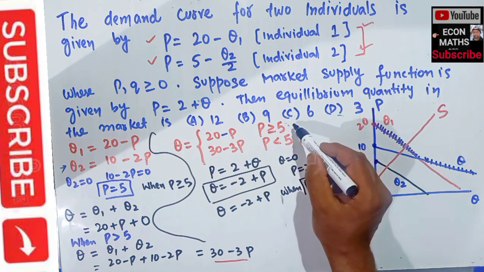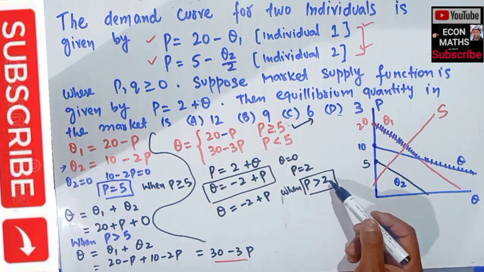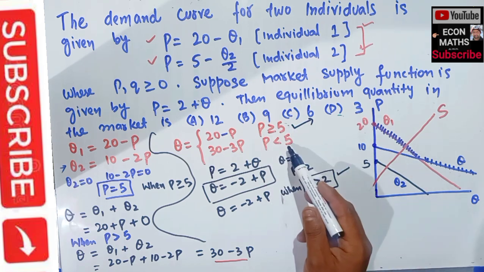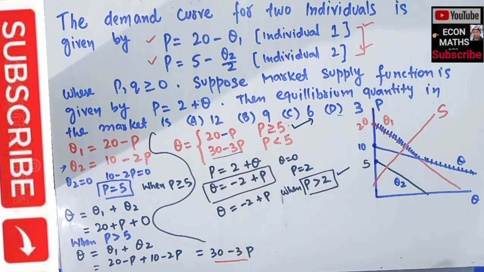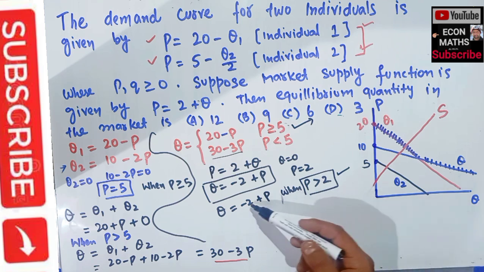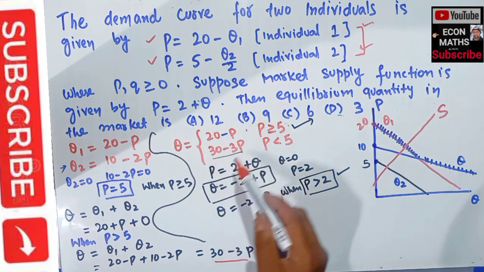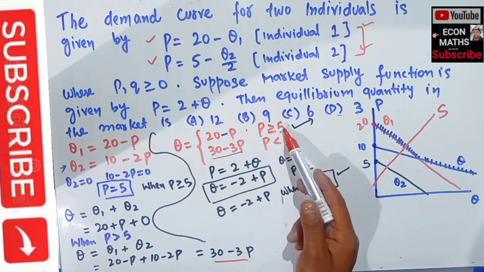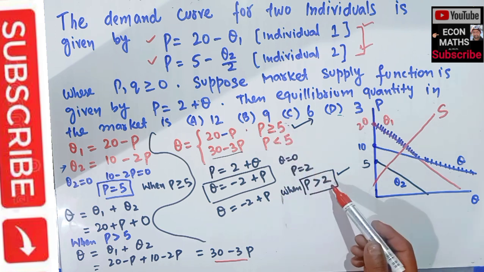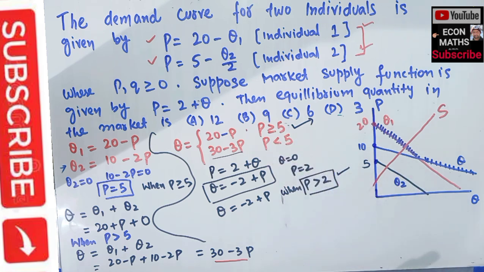Obviously the first one satisfies the condition, here p greater than 5 and p greater than 2. This other part cannot be our equilibrium; this demand curve cannot intersect with this supply curve. So equilibrium will occur between this demand and this supply, because price is greater than 5, here price is greater than 2. If price is less than 5, it will contradict here.